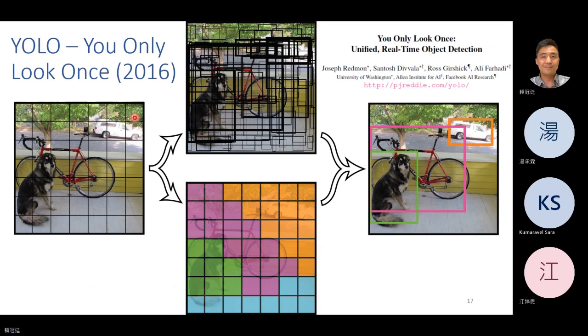So that's it. It forcibly divides the image into grids, and it focuses on speed. So it will sacrifice the accuracy on very small objects, but that's okay because usually in applications we want to identify the objects close to us.